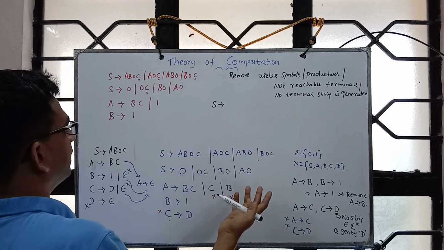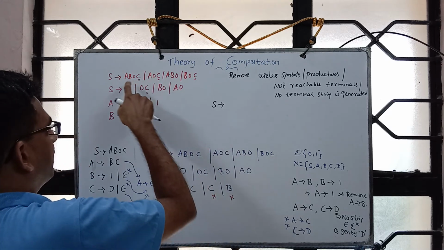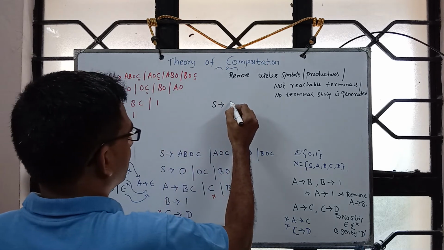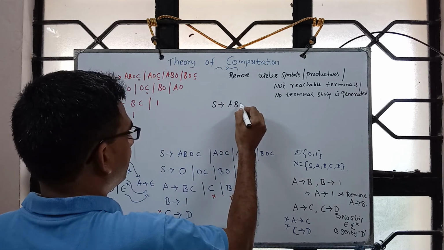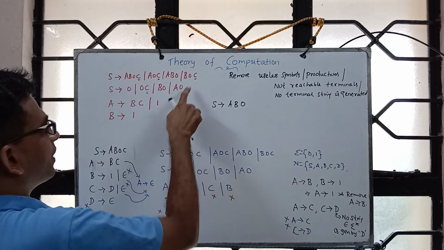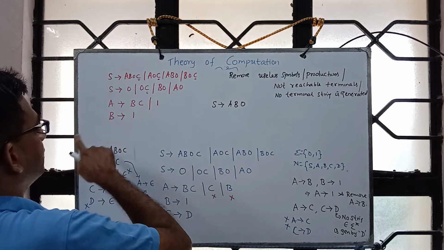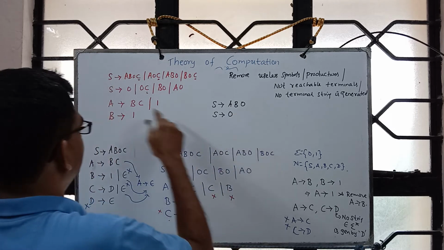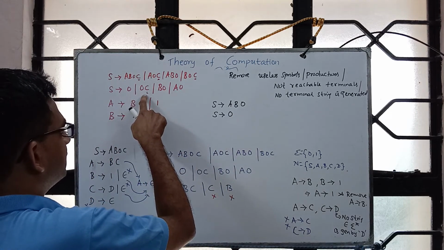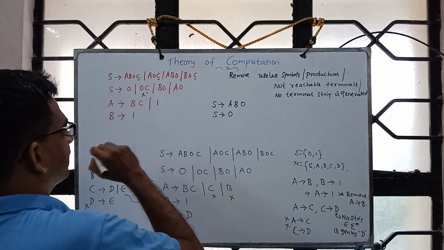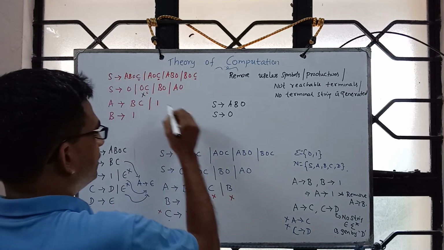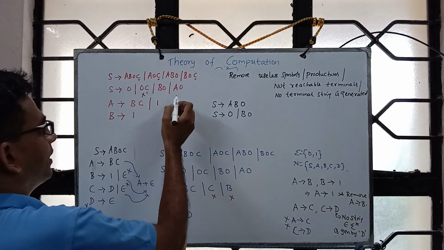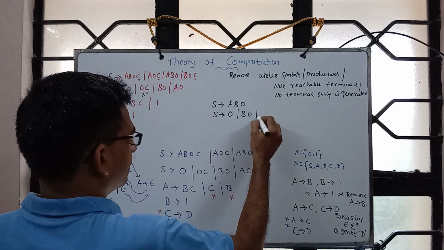C is a useless symbol, and therefore this production is useless. This one is, therefore we get AB0. This is also a useless production. Then the second one says S implies 0. This one is a useless production. B0 is useful, and A0 is useful.